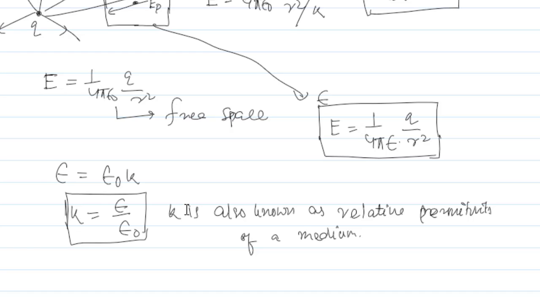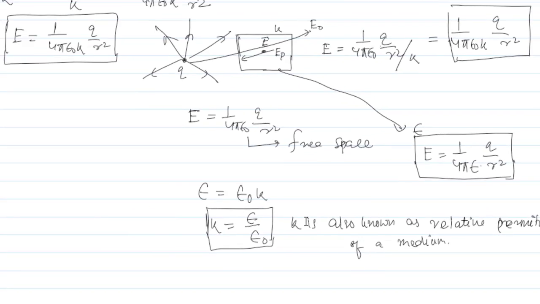Now we know that k is known as the relative permittivity of the medium, and it is also known as the dielectric constant. Here epsilon naught is the permittivity of the free space, and epsilon is the permittivity of the medium. So now you can feel what is the meaning of k and epsilon. Whenever we say that this material has some dielectric constant, what are we actually meaning?